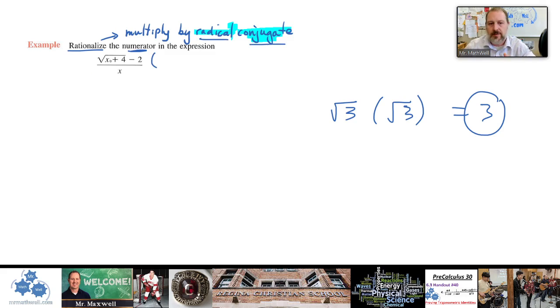So in this case, if I wanted to get rid of the root sign in the numerator here, I would multiply both the top and the bottom by the conjugate of this. And the conjugate means it has the same terms but opposite sign. So this is the radical conjugate. So I'm really just multiplying the whole thing by 1 here, right?